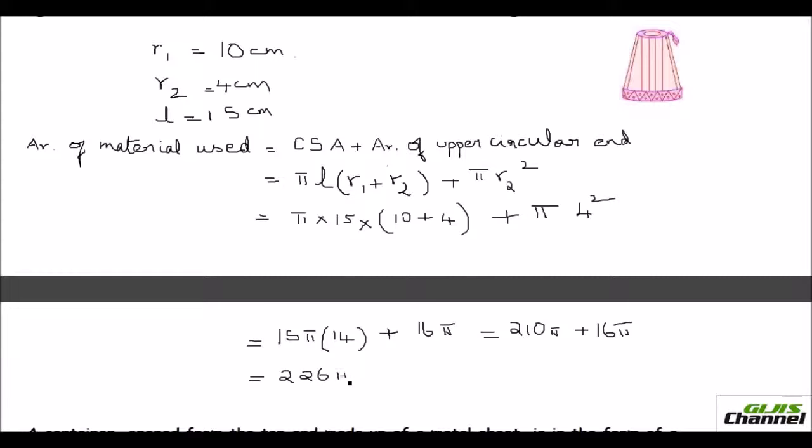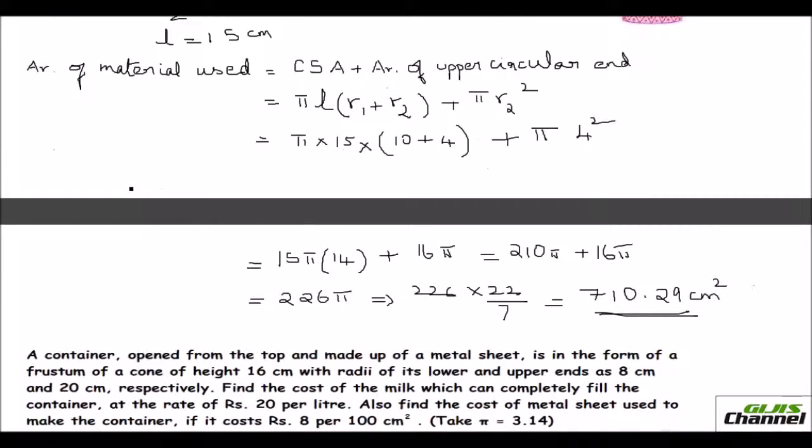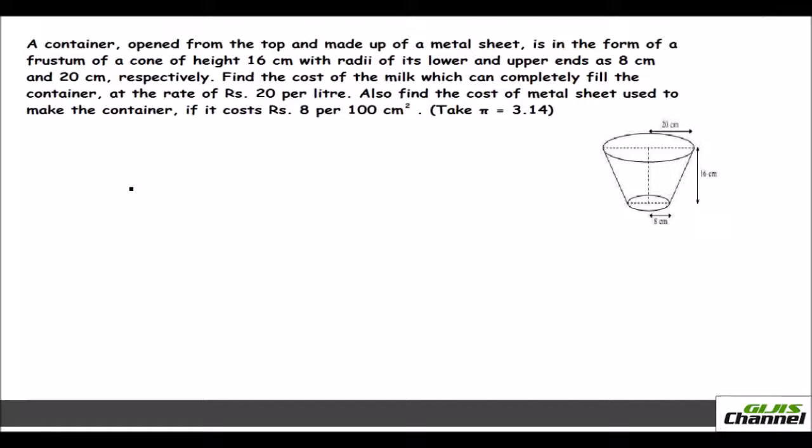Now give the value of pi, so that is 226 times 22 over 7, and that will give you the answer as 710.29, and the unit is centimeter square. Is that clear? That's it. Now let's move on to the next problem.